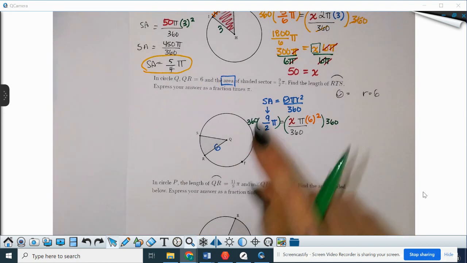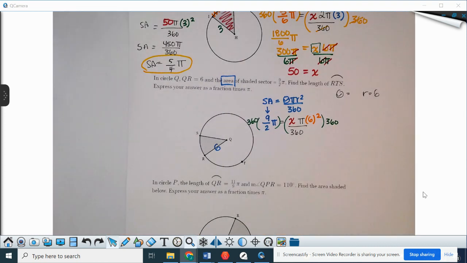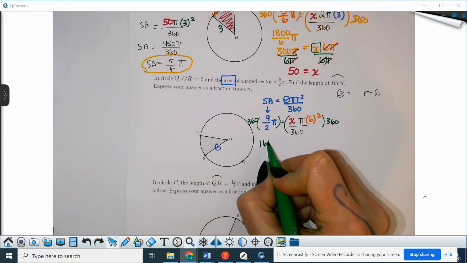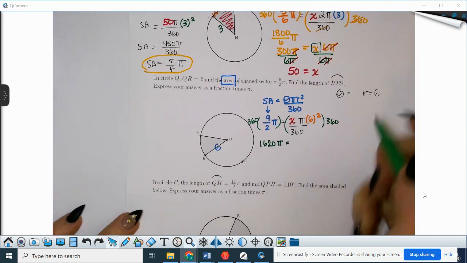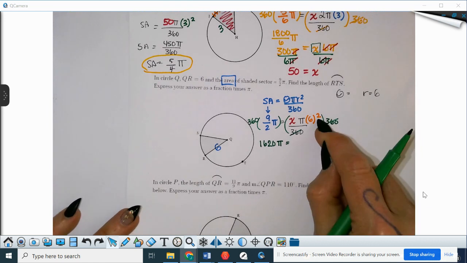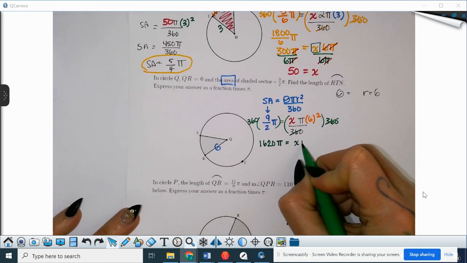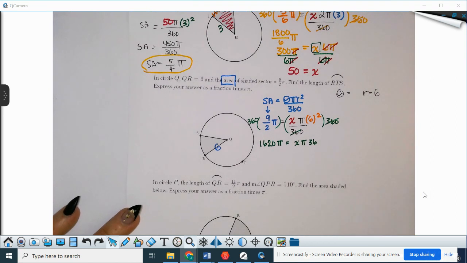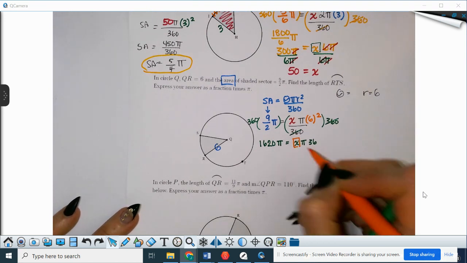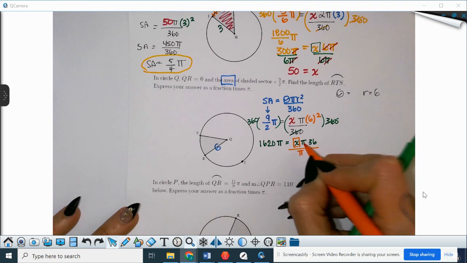9 times 360, then divide by 2, is 1620 pi, equals 6 squared is good, and these guys went away. 6 squared is 36, so it's going to be x times pi times 36. We need x by itself, so we're going to divide by pi to get rid of it here.